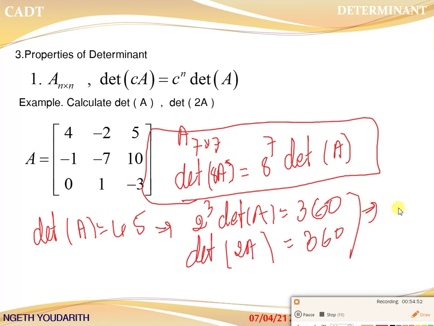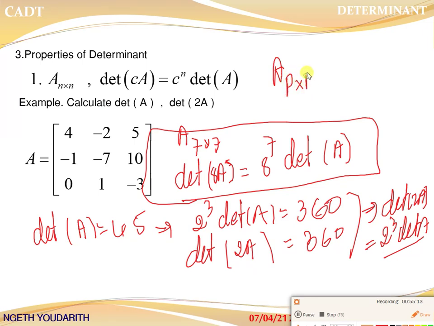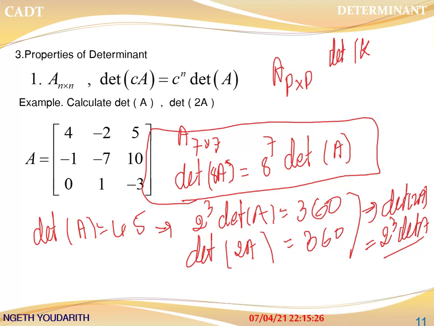So we can get determinant of 2A equal to 2 to the power 3 times determinant A in this case. Please remember this point. It refers to this: if A is p by p, the determinant of kA. So be careful about this point.